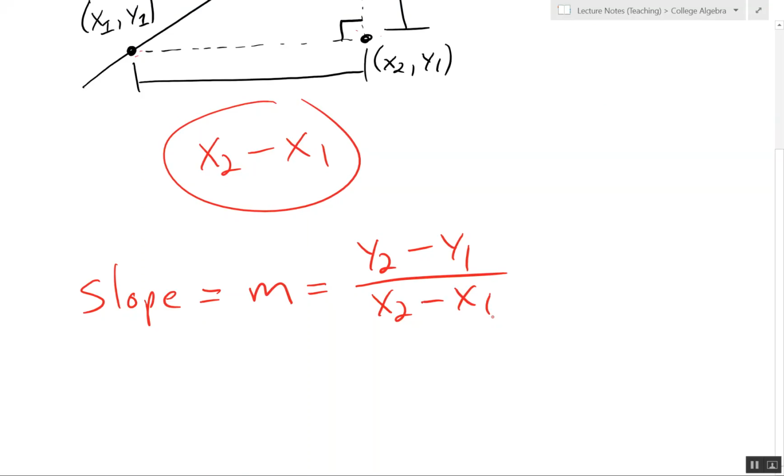Now, the subtraction order is very important, and beginners tend to mess this up. The order of the subtraction matters in slope because if you don't get it right, you'll mess up the sign, and we'll explore that in the homework. So order of subtraction is important. Don't mess it up.